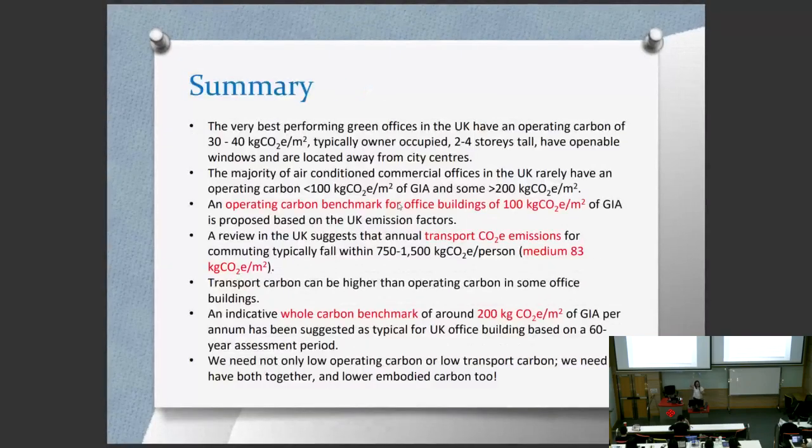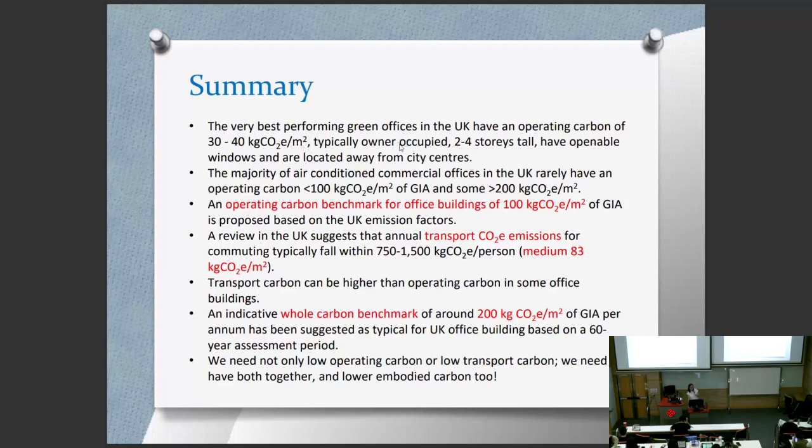Major summary for the whole lesson. The very best performing green offices in the UK have an operating carbon of around 30 to 40 kg carbon dioxide equivalent per square meter.